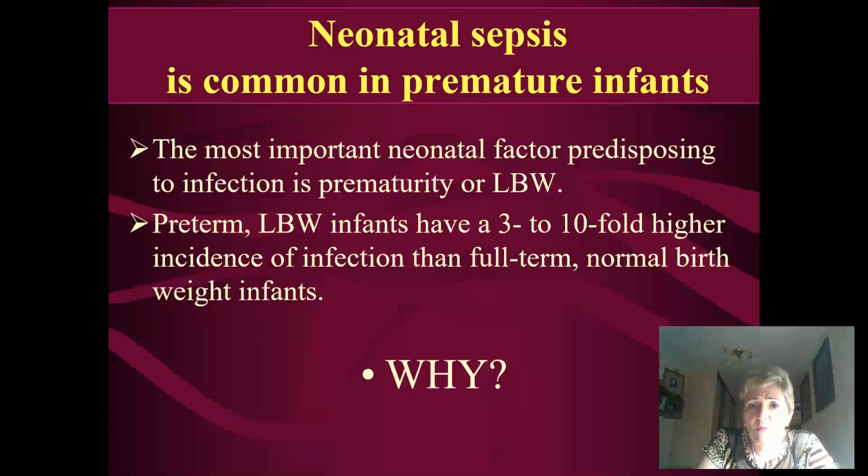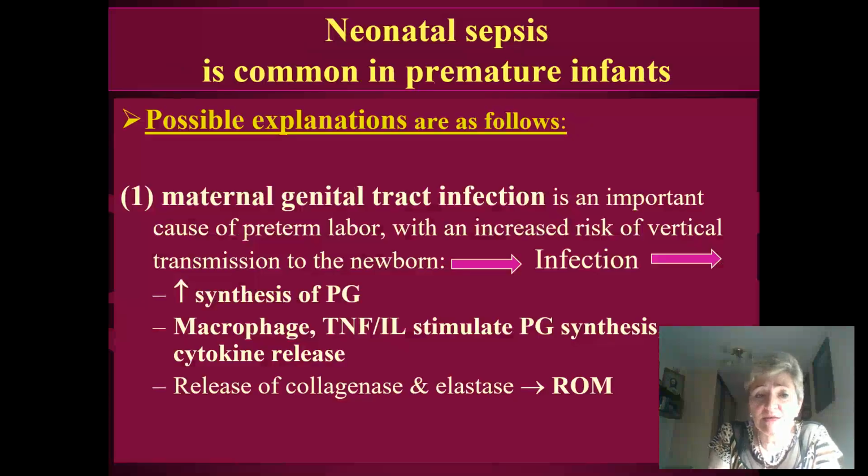Neonatal sepsis is common in premature infants, as you can see on the previous slide, but the most important neonatal factor predisposing to infection is prematurity and low birth weight. But I would like your opinion on why this kind of patient has such a high percentage of mortality. Firstly, I think you know that infection in the mother is very important in the anamnesis.